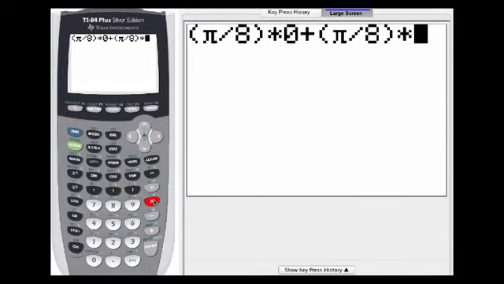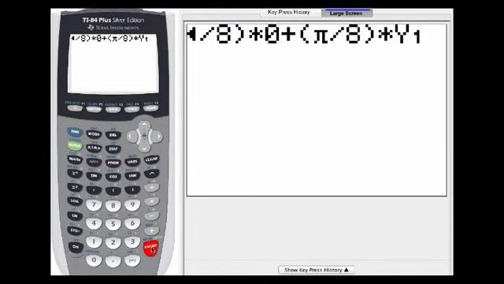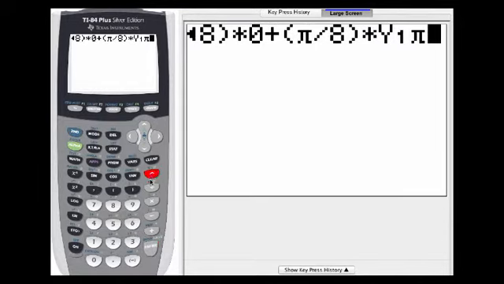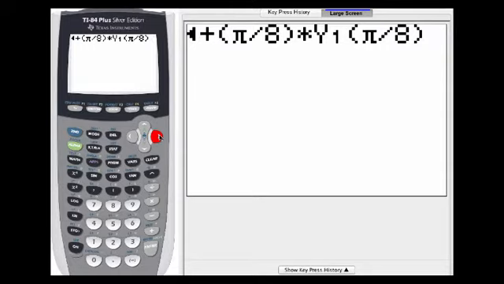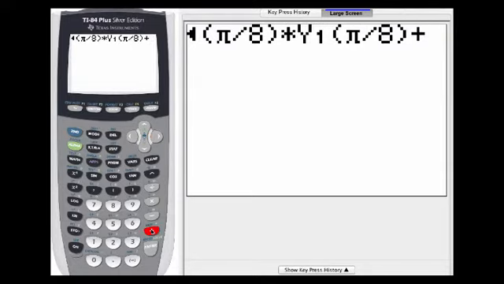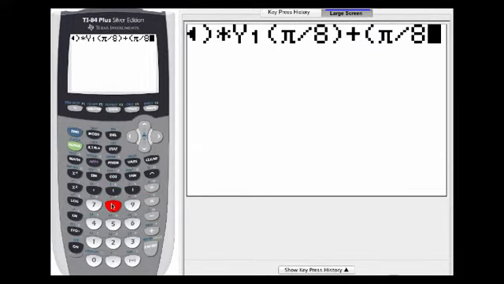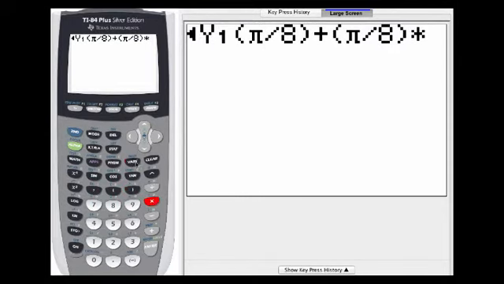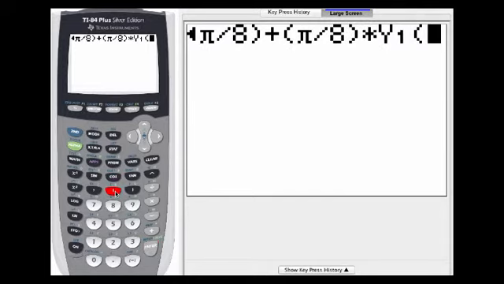All right, so this is the second rectangle. This is the one whose height was given by the function value of pi over 8. Oh, I forgot a parenthesis. There we go. All right, so that's your second rectangle you're looking at. Plus, here comes your third rectangle. So it had a width of pi over 8 times the height, which was given by the function value at pi over 4.